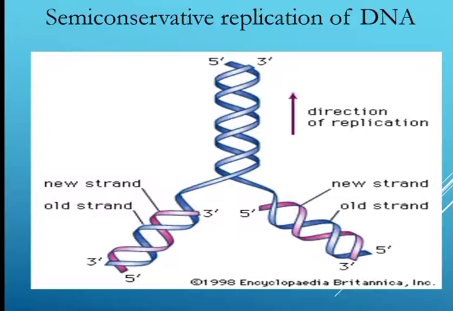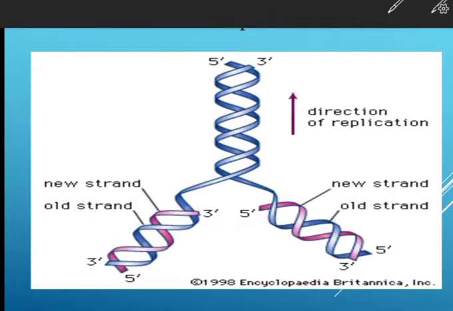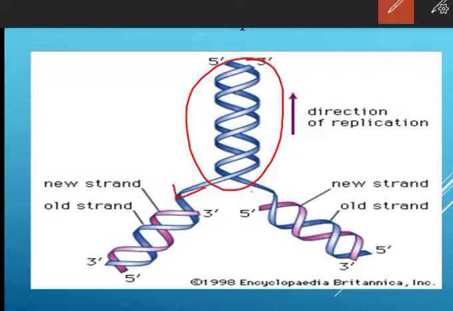Can you see in this diagram, children? The double helical structure of DNA is present. Now the two strands of DNA, that is this strand and this strand, separate from each other, and the new strand is synthesized from 5' to 3' end.